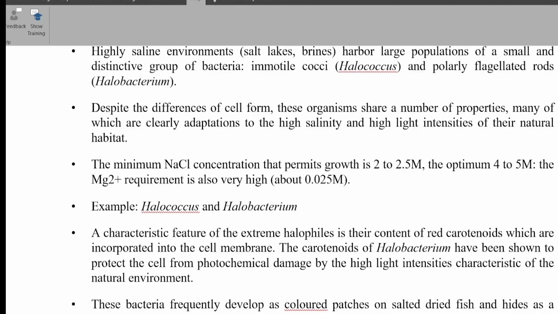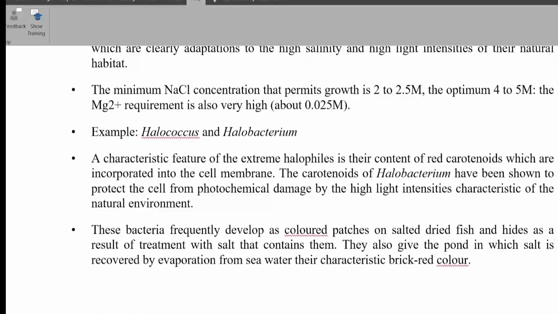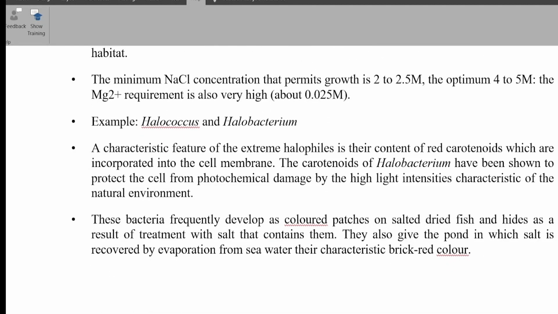The characteristic feature of the extreme halophiles is their content of red carotenoid, which is incorporated into their cell membrane. The carotenoids of Halobacterium have been shown to protect the cell from photochemical damage by the high light intensity characteristic of the natural environment. These bacteria frequently develop as colored patches on salted dried fish and hides as a result of the treatment with salt.